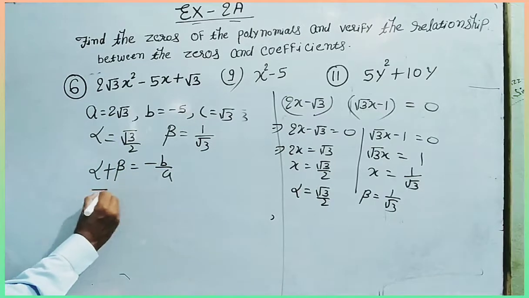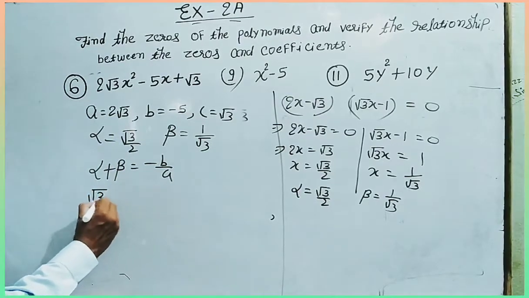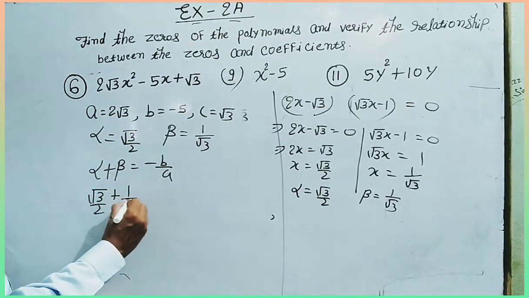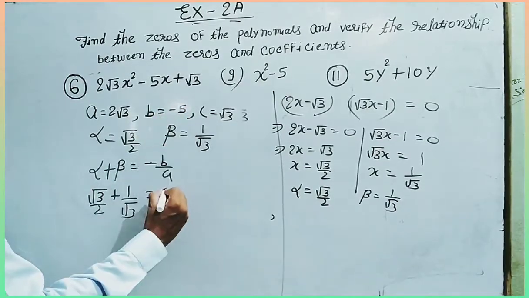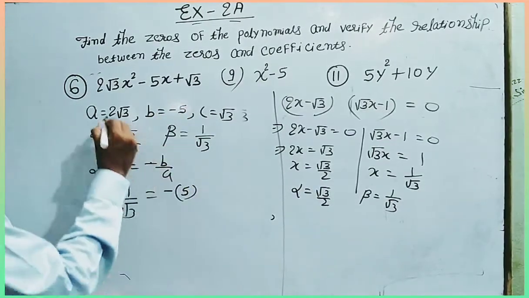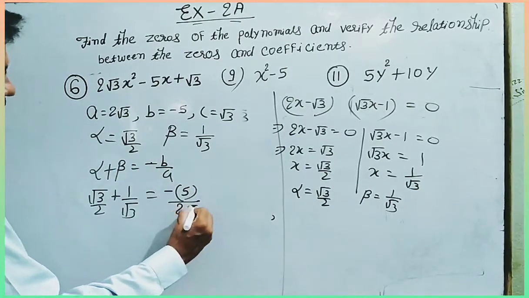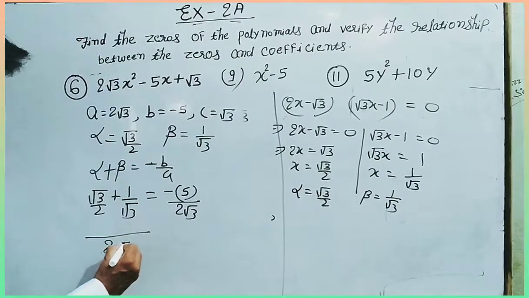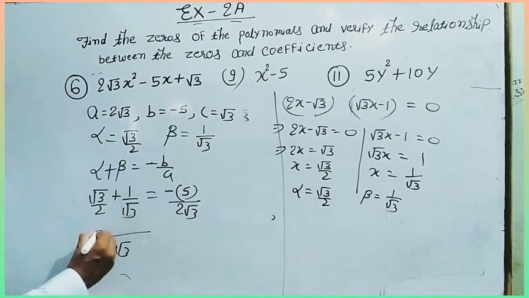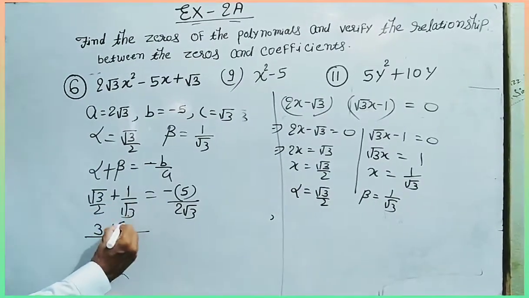What is alpha? Alpha is root 3 by 2 plus beta is 1 by root 3, and minus b is minus of minus 5 by a, that is 2 root 3. Here, dear student, you write LCM 2 root 3. Here root 3 into root 3 is 3, and here is 2.